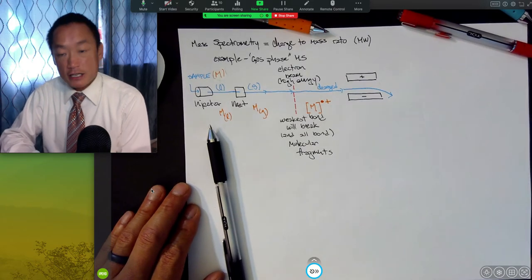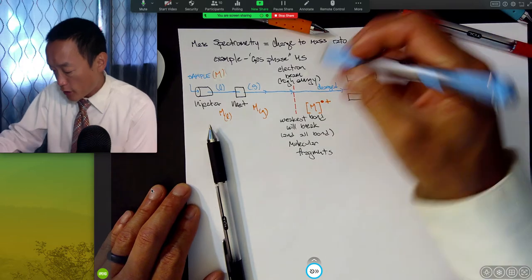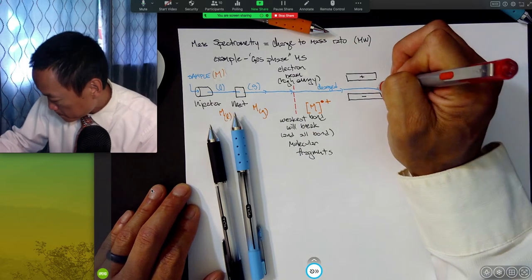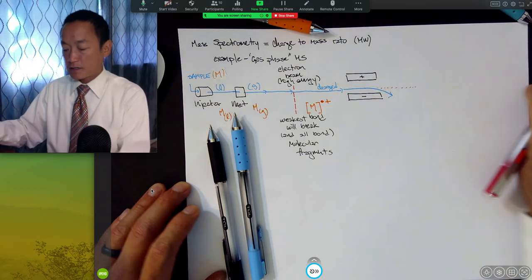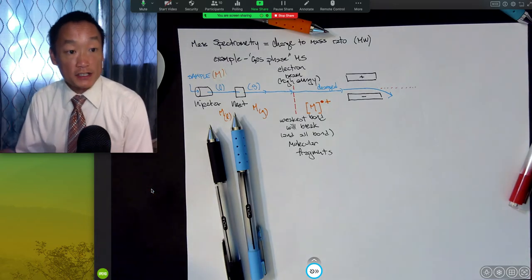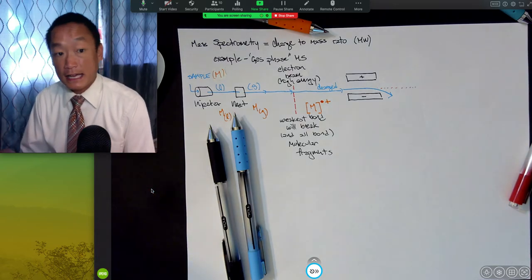Its path of flight, which was going to be straight, now becomes deflected based on its charge and how much mass that charge has.